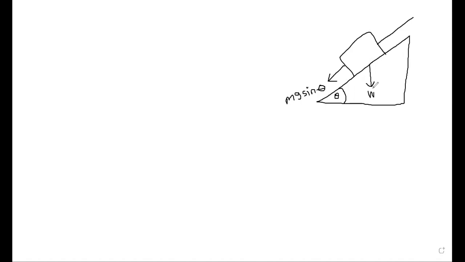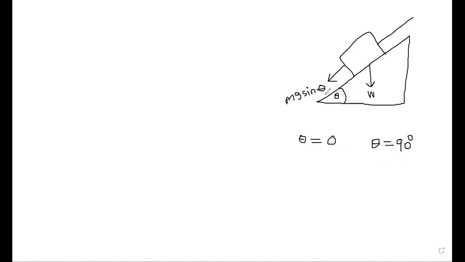All right, so this ice-covered slope provides no friction, right? Yeah, ice-covered slopes provide no friction. So now we know that they said we must check our limits here. Theta is equal to 0 and theta is equal to 90 degrees.